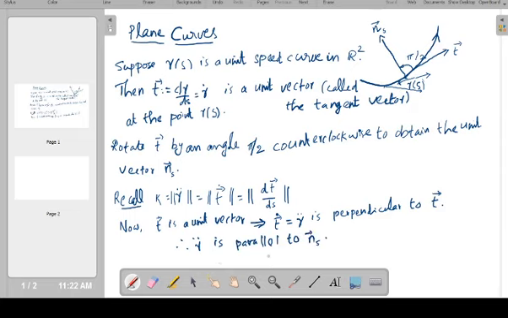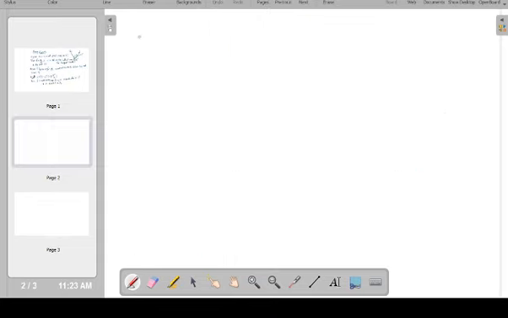And when two vectors are parallel, one is a constant multiple of the other. Therefore, gamma double dot is a constant multiple of n s. That constant multiple will be denoted by kappa suffix s times n s. All these things depend upon the point s under consideration.